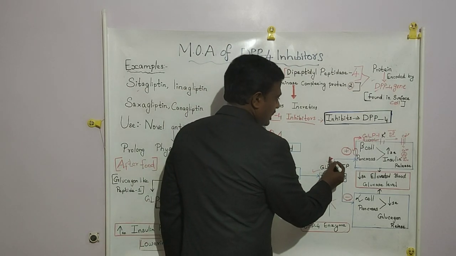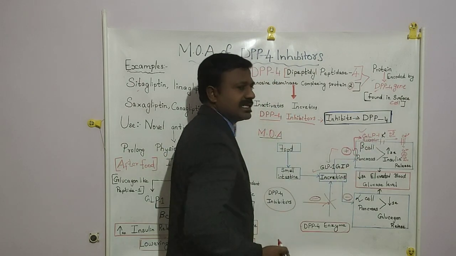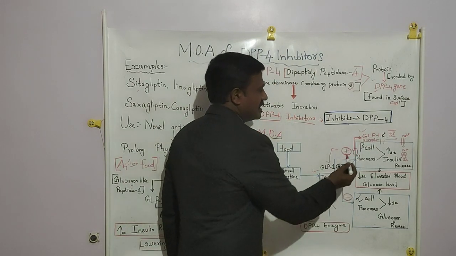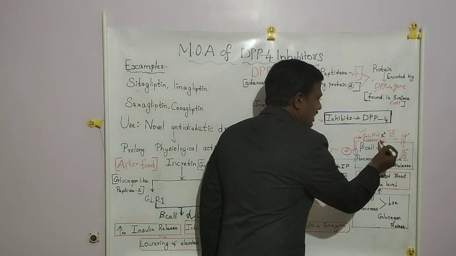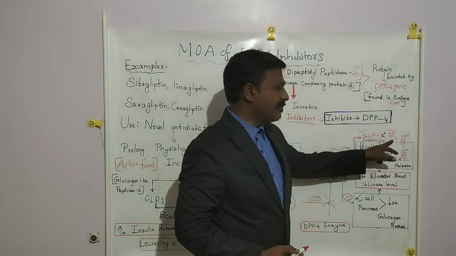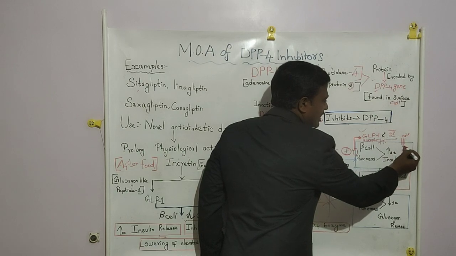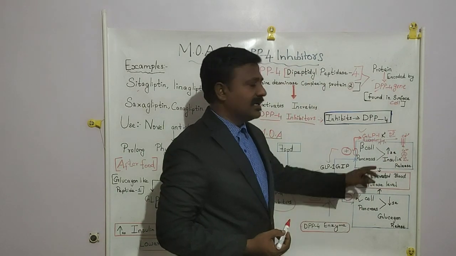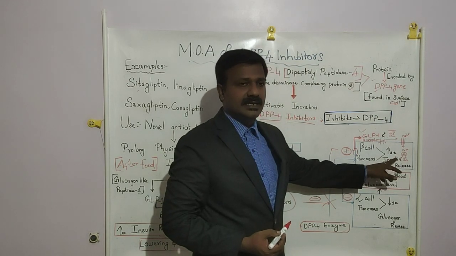Thereby GLP1 acts on the beta cell through GLP1 receptors. Once it binds, it closes the potassium channel of the beta cell, which leads to depolarization, and it starts to open the voltage gated calcium channels. The calcium ions enter the beta cells.